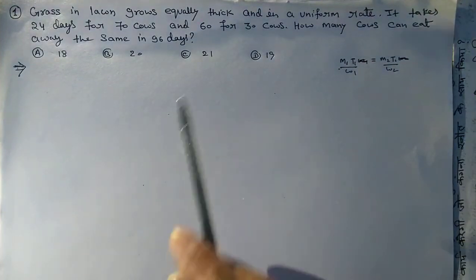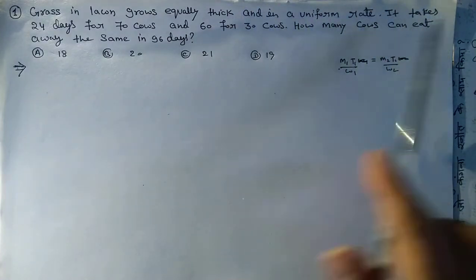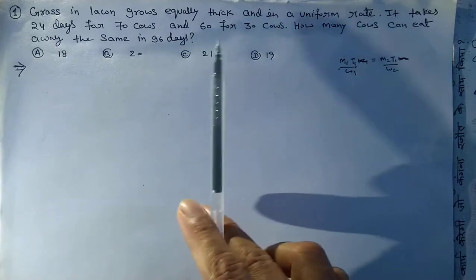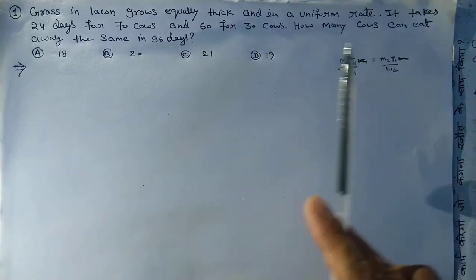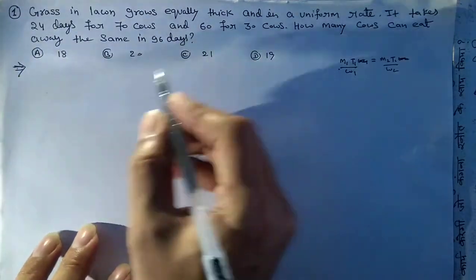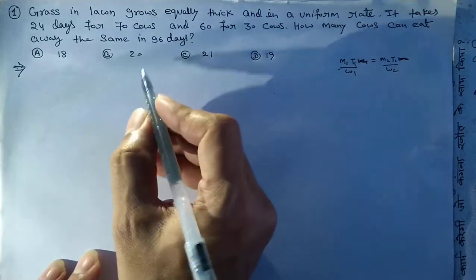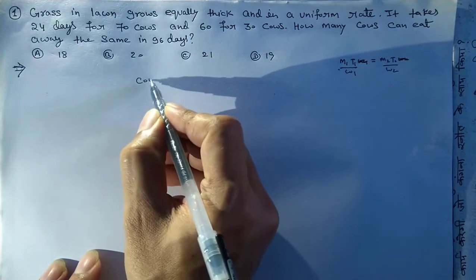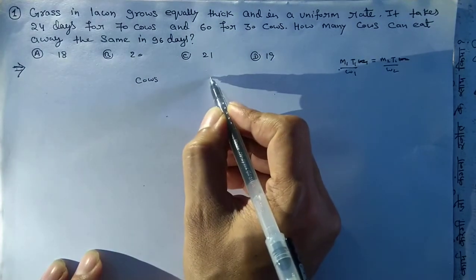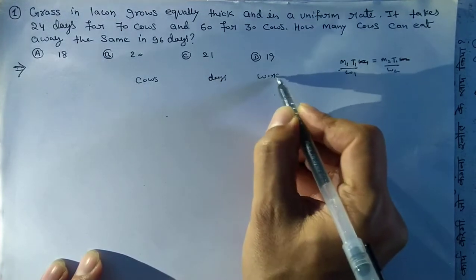Why? Because here he has given us two equations. The first: it takes 24 days for 70 cows, and 60 days for 30 cows. Here cows are the number of cows, this is the days, and this is the work.